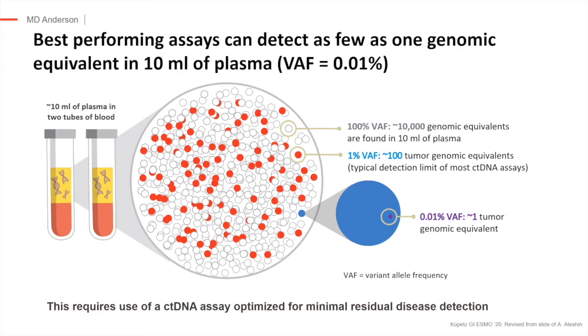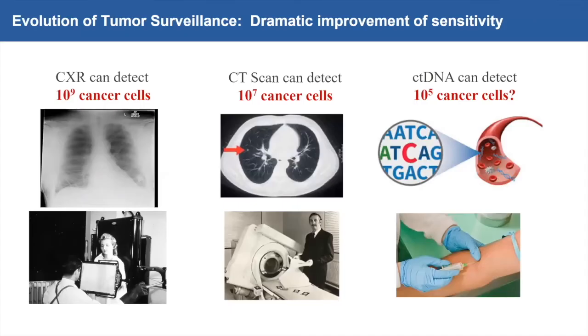Now, why am I excited by this? These assays are a next leap in sensitivity, and I'll put this in perspective. It's all about how many cancer cells are in the body before we can detect it. In the best case scenario, a chest X-ray may be able to detect 1 billion cancer cells.